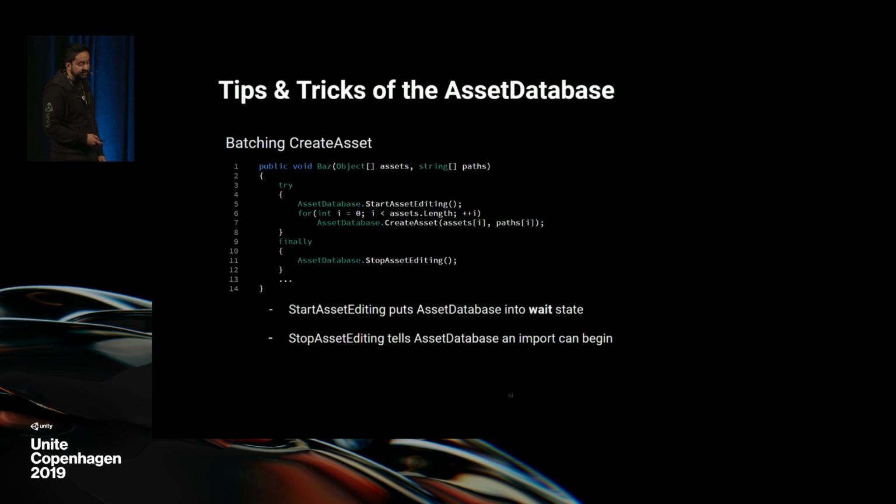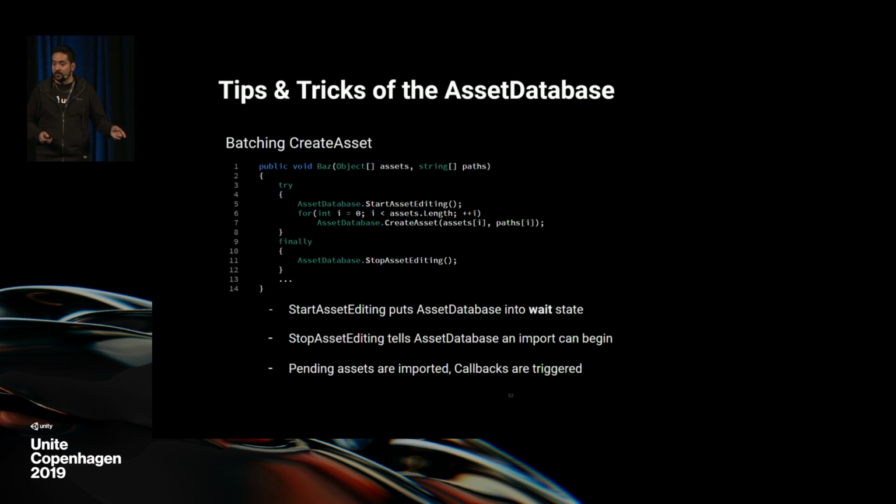That's what stop asset editing does. It says, now the import can begin, and everything that you've queued up is going to be imported now, which means you're only going to get one call to on post process all assets instead of n calls to on post process all assets.